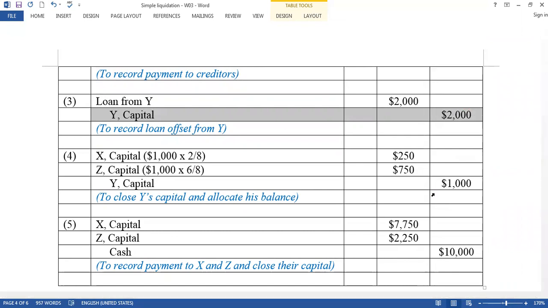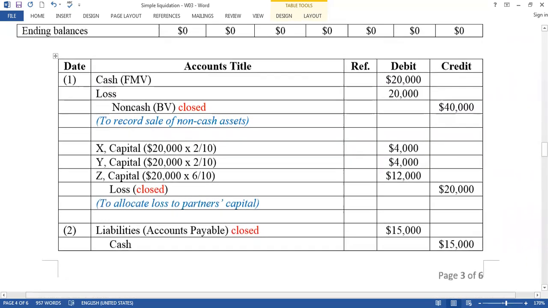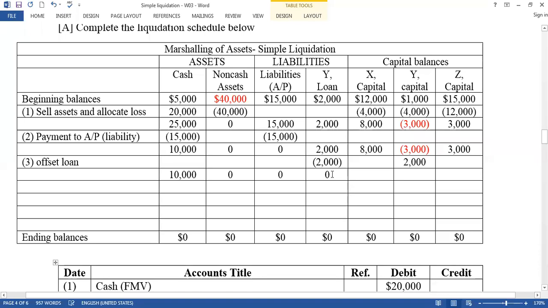To Y capital, and we said that you can offset this money from our loan. Clear? Yes. So as we give him some loan, we give him some capital, right? He has the capital deficiency, and business said that don't worry, I'm going to give you $2,000 capital, and I am not going to give you any cash.